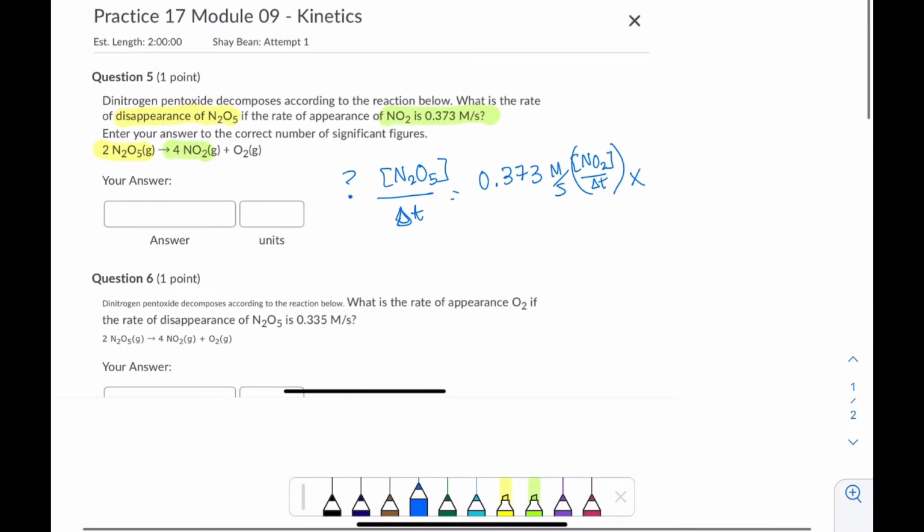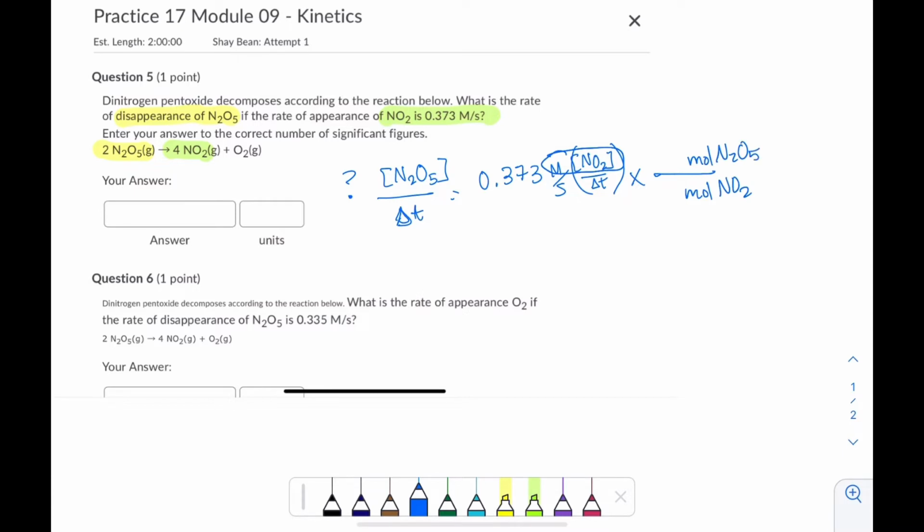That is all this is. If I have moles of NO2 on bottom, that will cancel with the moles of NO2 in that molarity unit. I want moles of N2O5 on top so that I'm left with concentration of N2O5, which is a molarity, and then I'll use the stoichiometric coefficients. So I have a 2 on top, a 4 on bottom, and I punch that in my calculator.